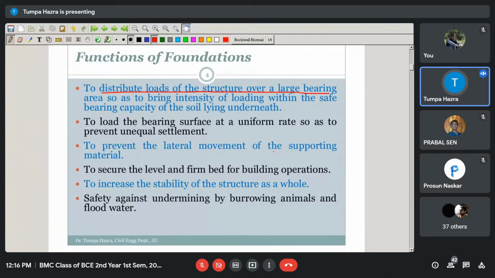And the second function is even distribution of the load, so that if there is any unequal settlement, it will be prevented. Third one is the lateral stability. Lateral stability means it anchors the superstructure to the ground to prevent the lateral movement of the supporting materials.